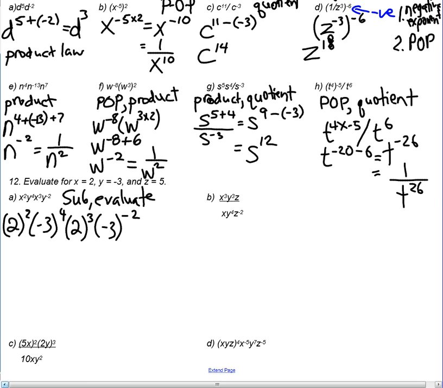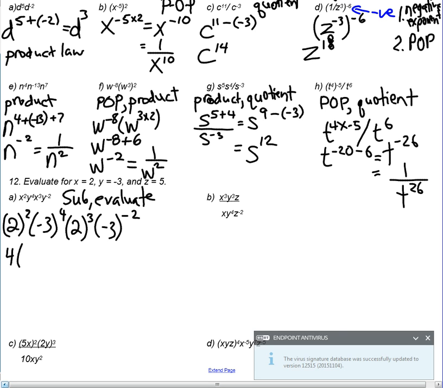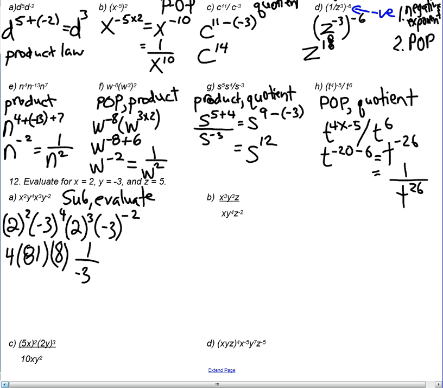Now, when we do this, we've got 2 times 2, which is 4. -3 to the exponent 4 will give us 81. 2 cubed is 2 times 2 times 2, which is 8. And -3 to the -2 would be 1 over -3 to the +2.